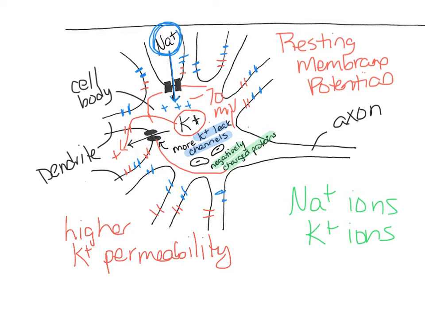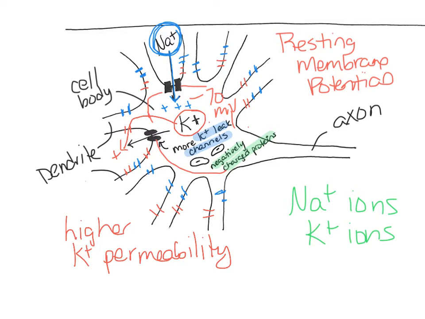There's more potassium channels than sodium channels, and that allows that charge inside the cell to get to a -70 millivolts. So that's the very first thing we have to learn. You have to learn what causes that. Okay? Are there any questions on that? You have to know what causes the resting membrane potential.